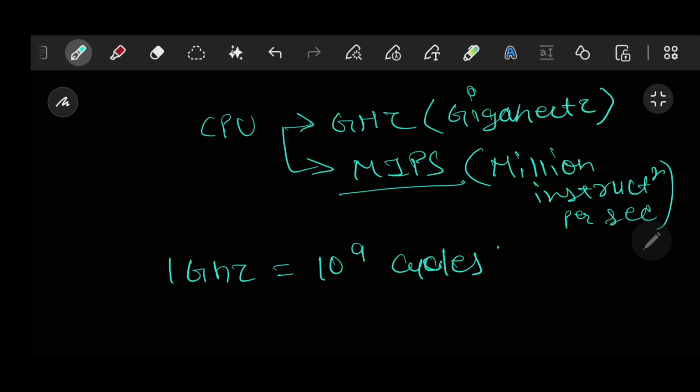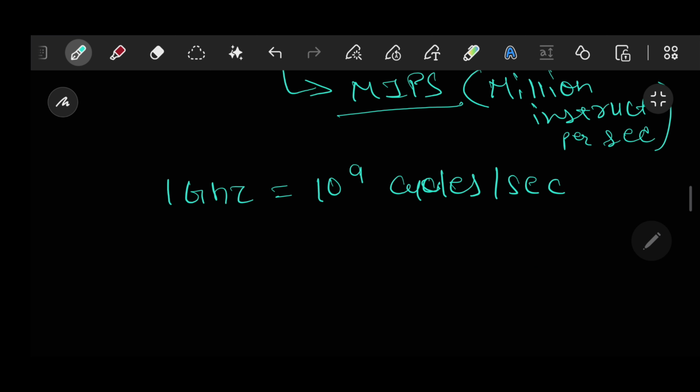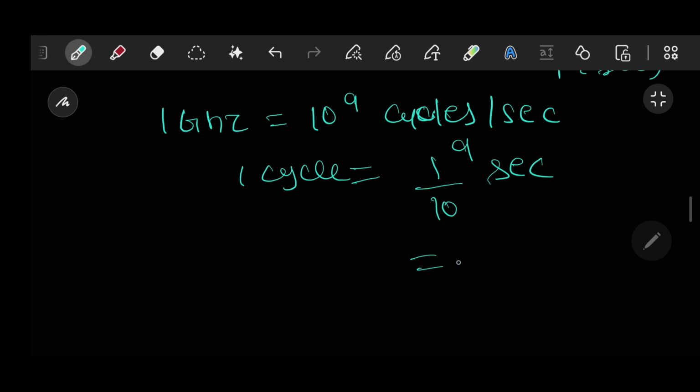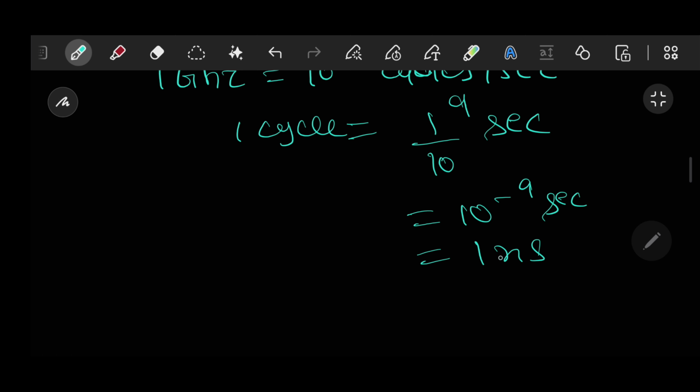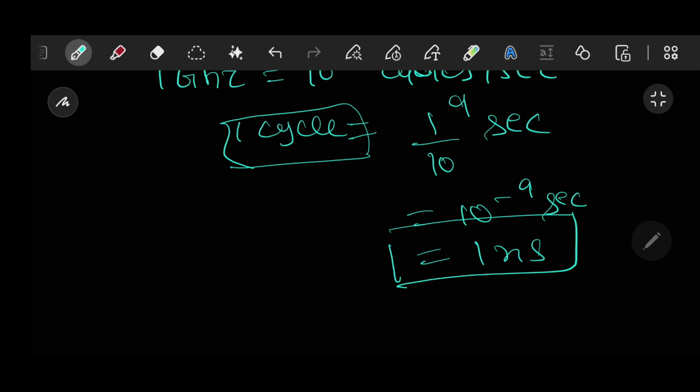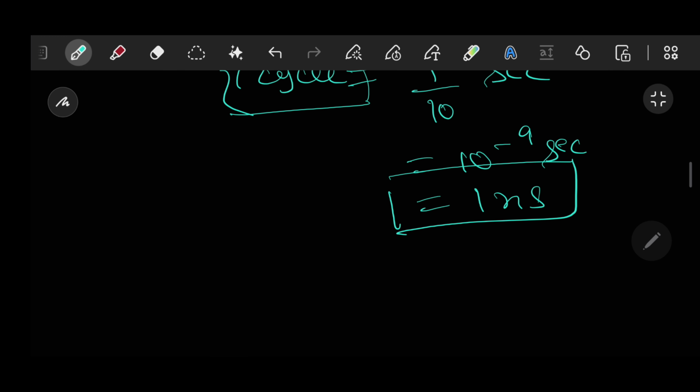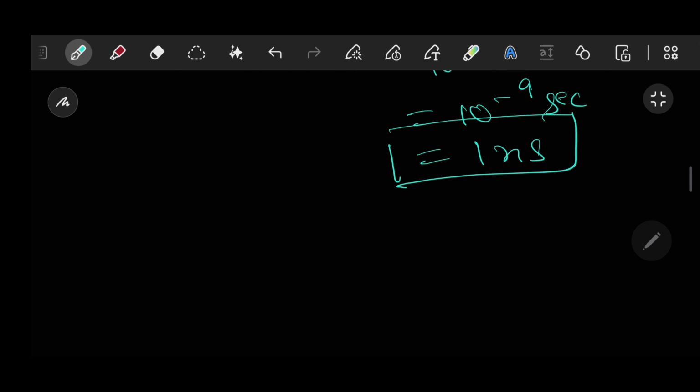So for one cycle, it takes 1 by 10 to the power 9 second, which is 10 to the power minus 9 second, equal to 1 nanosecond. So to complete one cycle, our CPU takes 1 nanosecond. It is so fast. And if the CPU waits for the input, it is a massive loss of time for us. So we had to come up with a method such that it doesn't waste the time.